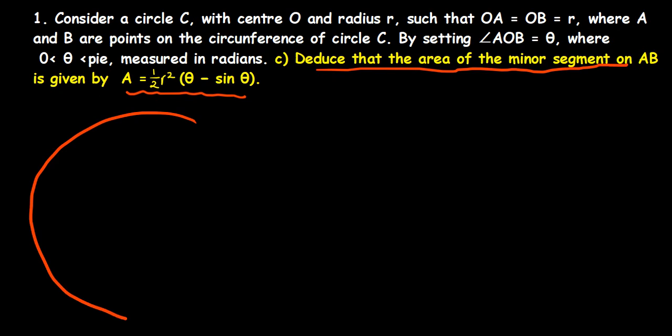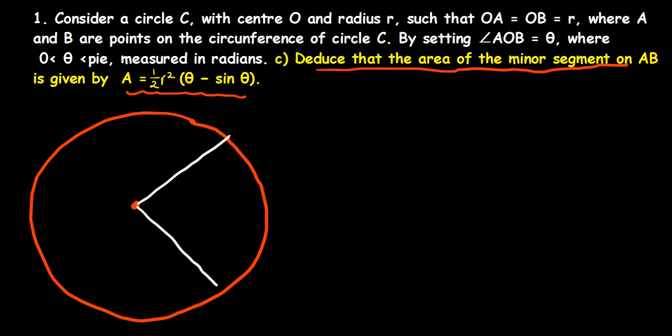This is our circle here, and this is our center. From this center we have a radius going to the edge and another radius going to the edge. This was point B, and this was point A. This center here we labeled as O.